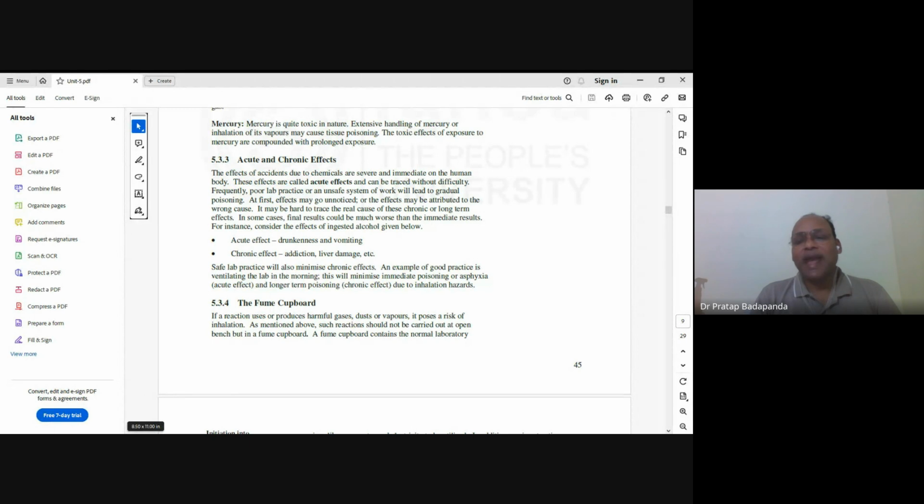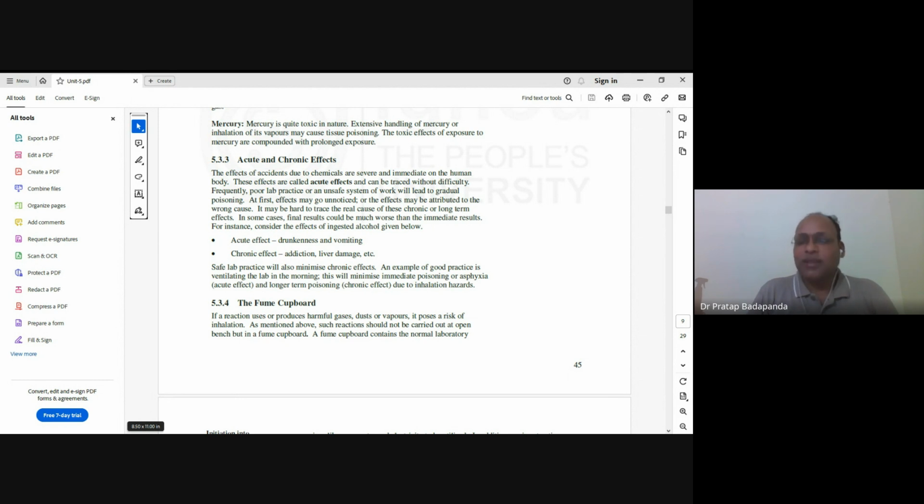But the lab has several types of gases and chemicals, so the lab smell is something different, and we cannot notice that. Suppose that a particular gas is not suitable for me, and time to time I inhale that gas. My body will react with that gas accordingly, so that case will be chronic.